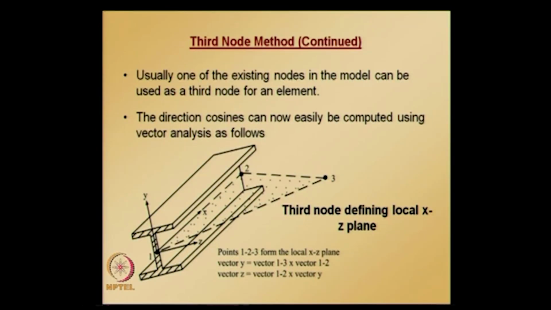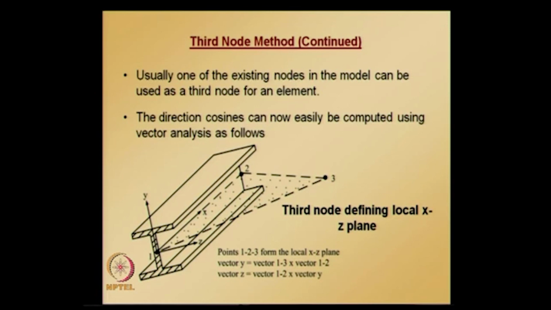A vector along the local x axis, if we take the cross product of that with a vector along the local y axis, we get a vector along the local z axis. So this is the basic logic behind this method.